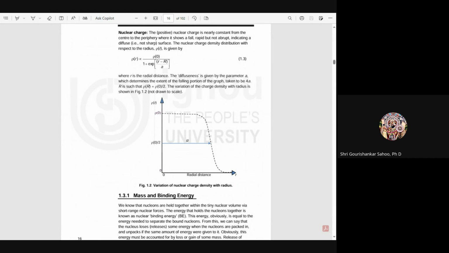Then the variation of nuclear charge density with radius, when the radius of the nucleus increases. You can see on the x-axis you have r, and on the y-axis you have rho, and the curve is like this.